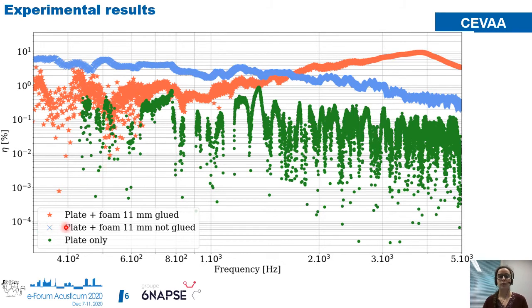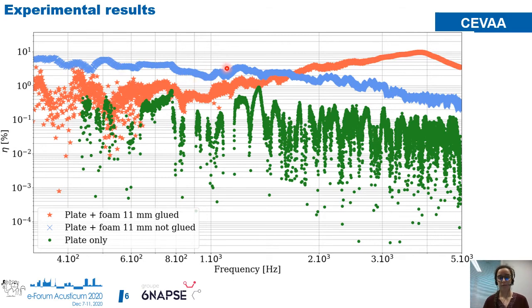This means the red curve corresponds to the foam glued to the plate, the blue curve the foam not glued to the plate, and the green curve the plate alone. For the red curve configuration, the loss factor is higher between 1500 Hz and 5 kHz compared to the not glued interface, blue curve.